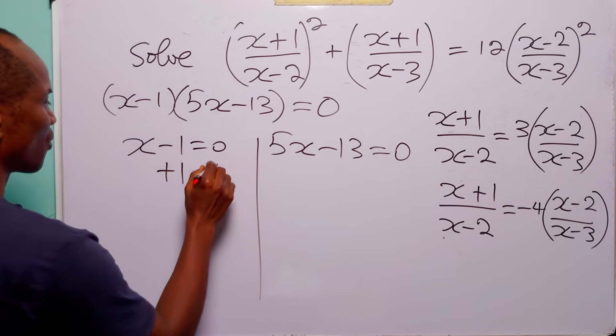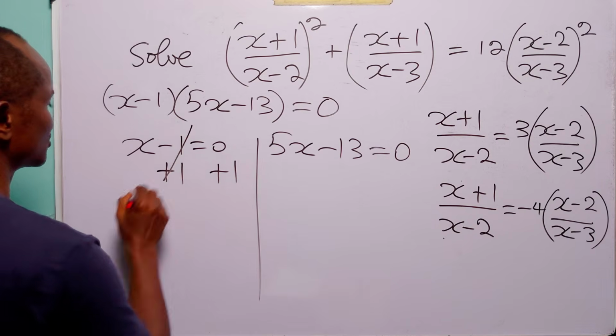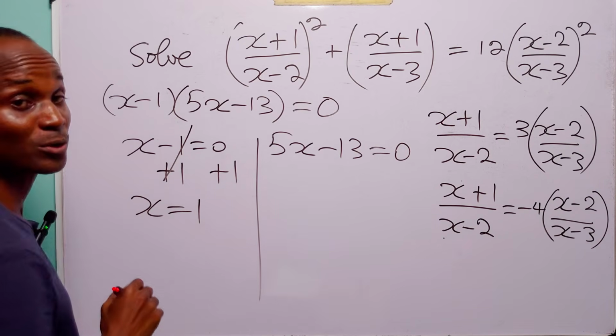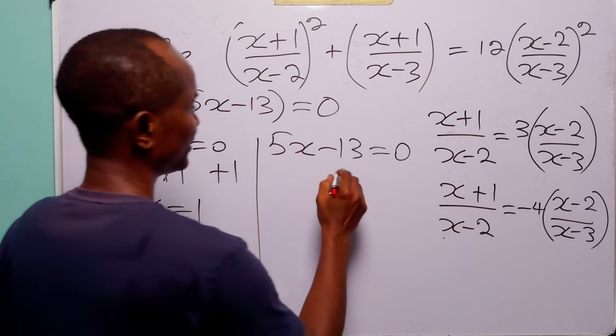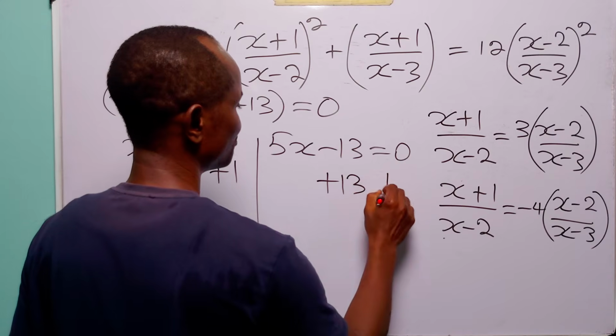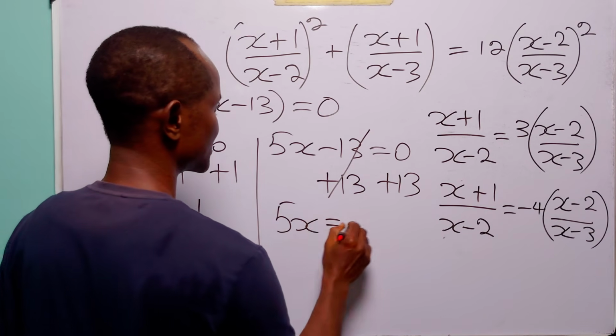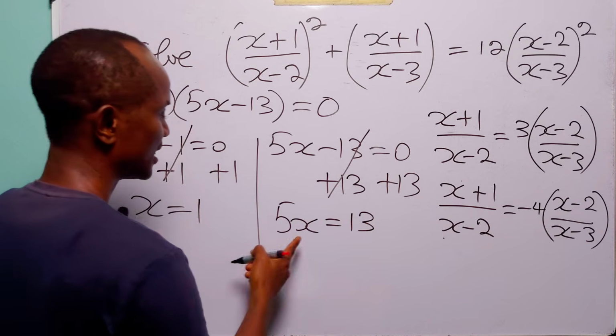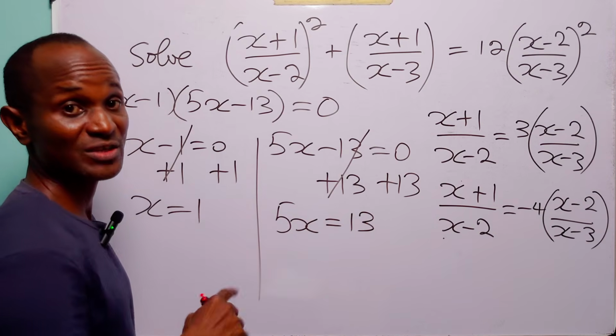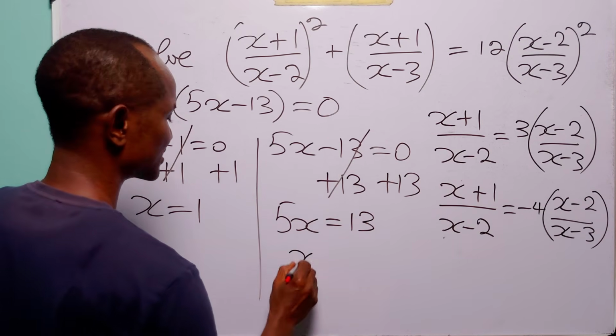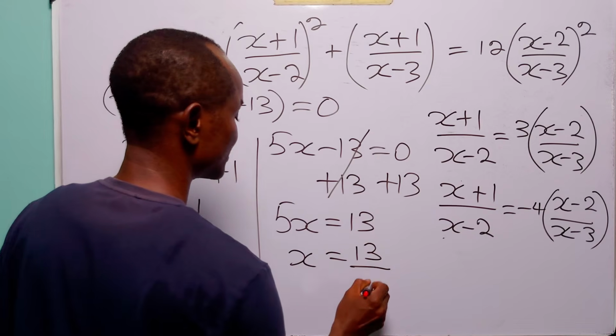If we add 1 to both sides of this equation, we have that x is equal to 1. And if we add 13 to both sides of this equation, we have that 5x is equal to 13. Now, when we divide both sides of this equation by 5, we have that x is equal to 13 over 5.